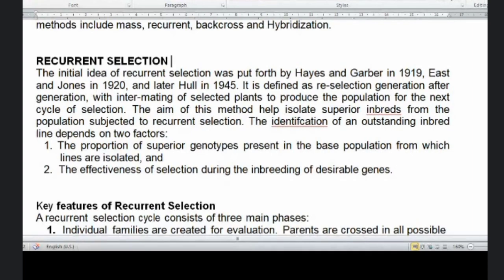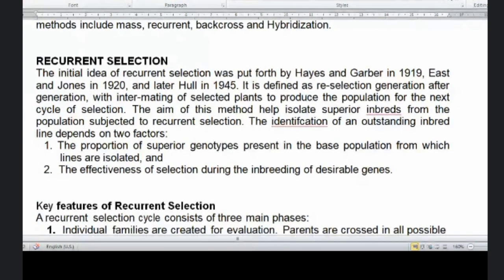Recurrent selection, the initial idea of this approach to selection, was brought by Hayes and Garber in 1919, and then later East and Jones in 1920, and then another group of scientists, Hull in 1945.